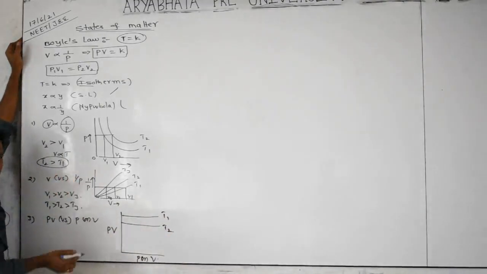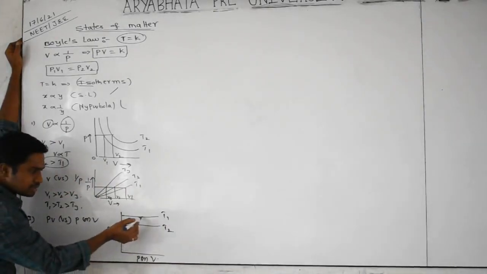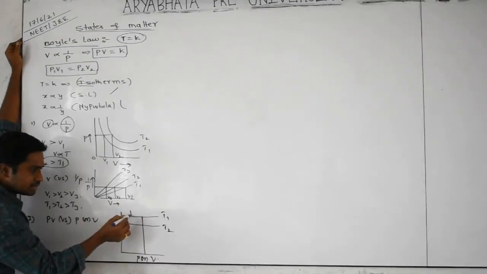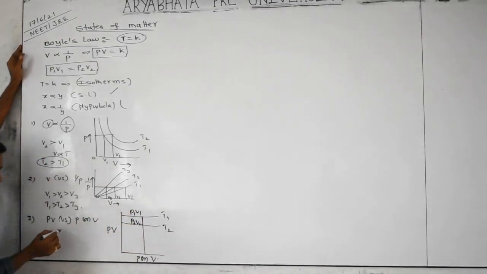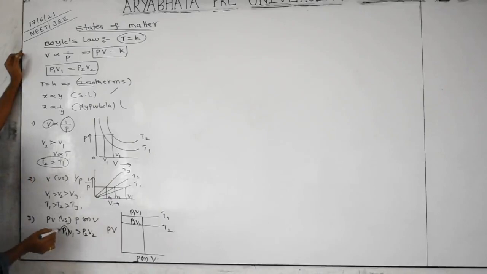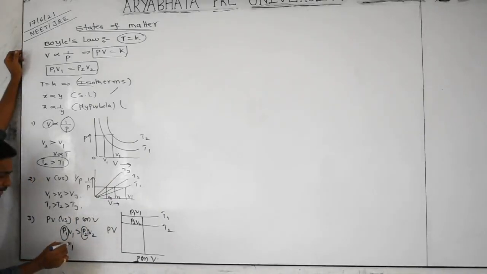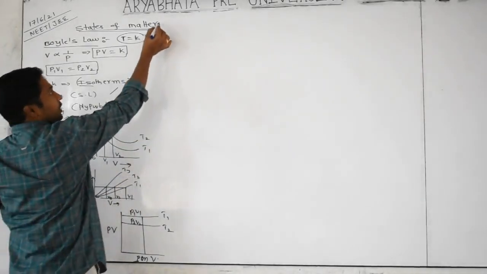This is an important question, sometimes asked. Now fix any one point on the axis. This is P1 V1, this is P2 V2. Which is more? P1 V1 is more than P2 V2. But if you maintain pressure constant, P1 equals P2, then V1 is greater than V2. Automatically T1 is greater than T2. All of you clear? Yes.